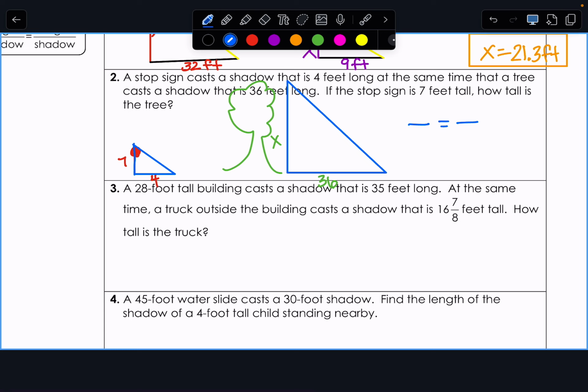What does 7 correspond with? Here's 7. What does it correspond with over here? Okay, 7 over x. Write it. Do we write 36 over 4 or 4 over 36? 4 over 36. Solve it.